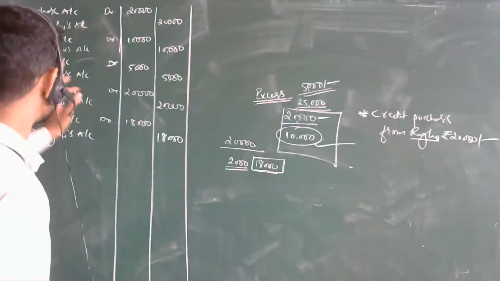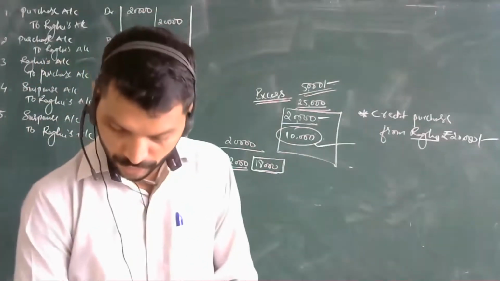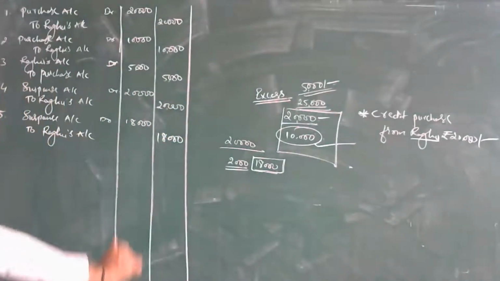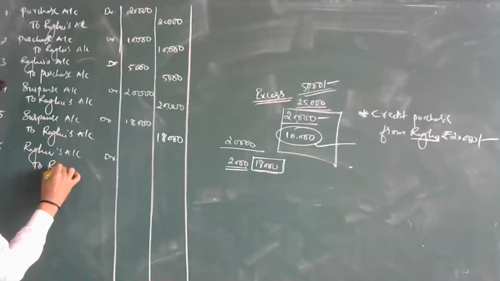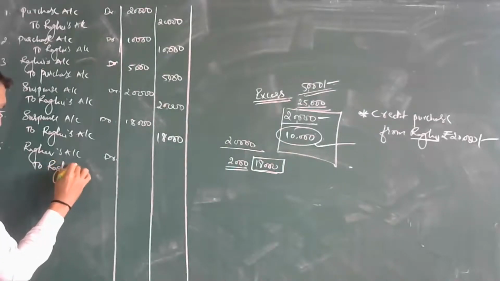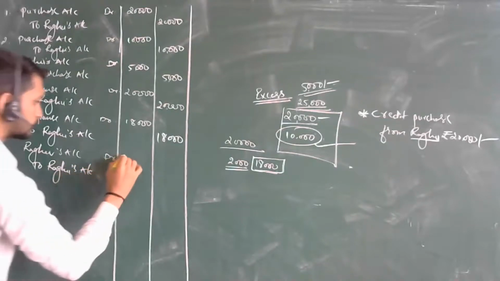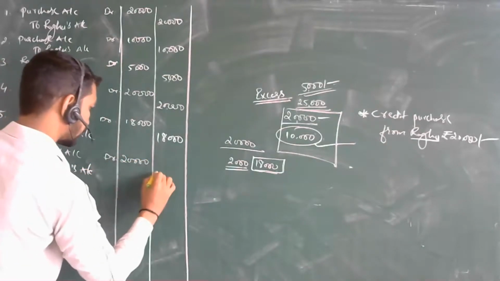Now we are going to take the amount from Raghav's account. So the entry will be Raghav's account debit to Raghu's account, 20,000. So this was done.